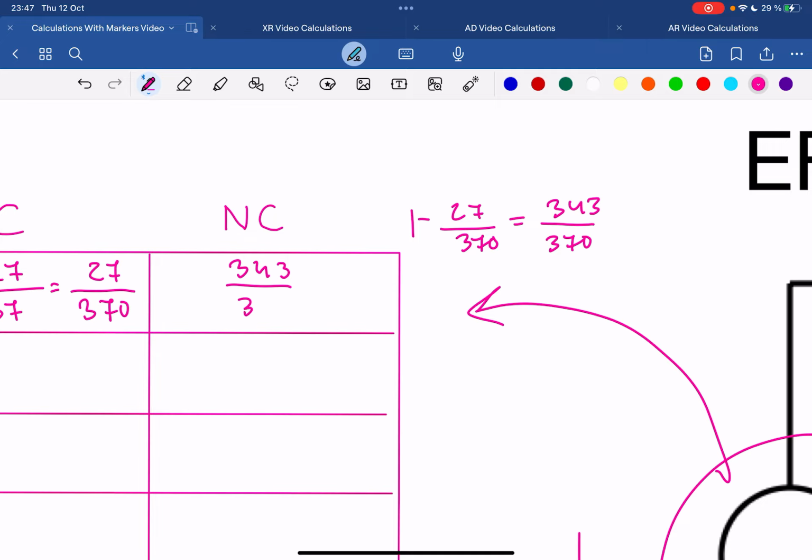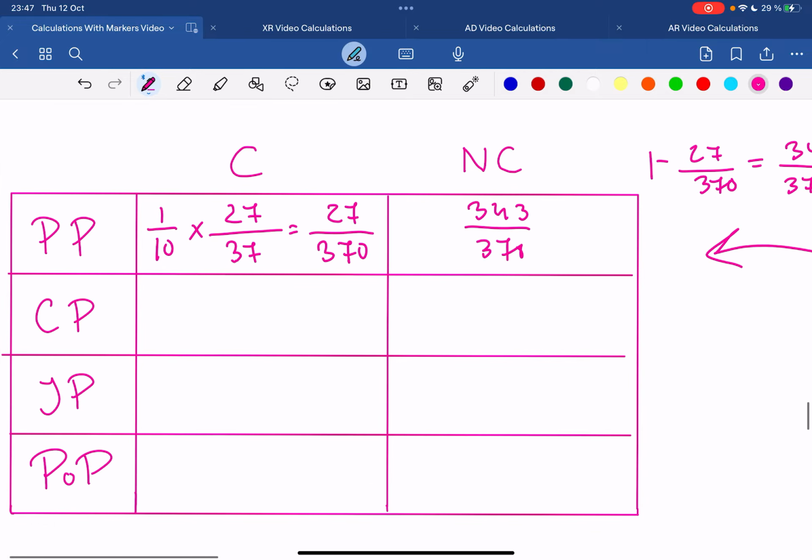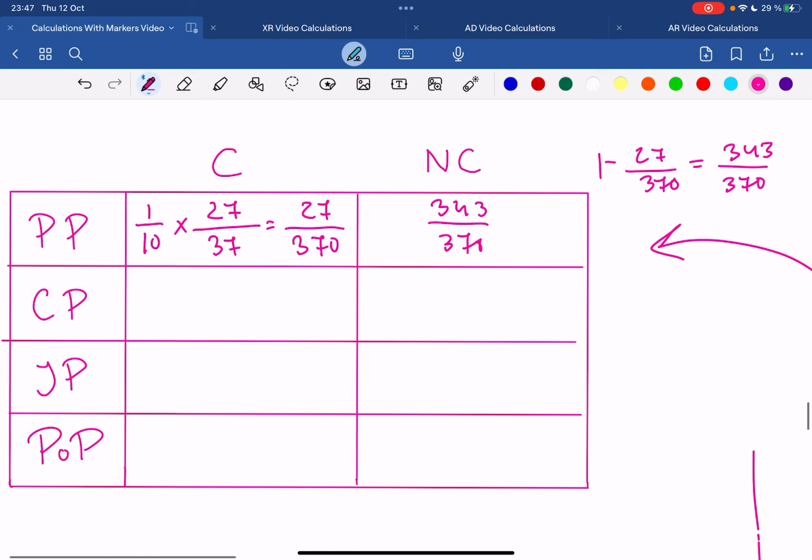For conditional probability, that's the same as always. That's the rest of the penetrance, which is 30% or 3 out of 10. Here it's 1.